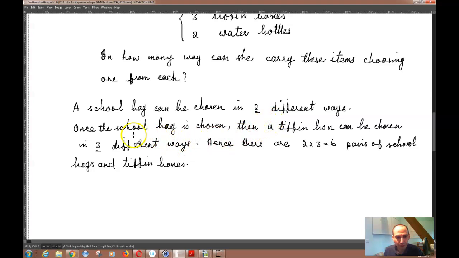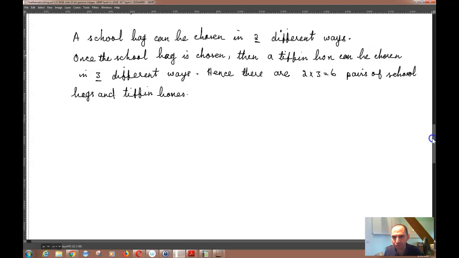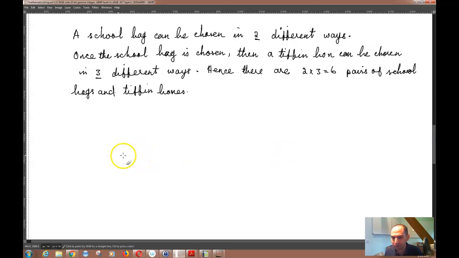Now, here we said that a school bag can be chosen in two different ways. And once the school bag is chosen, then a tiffin box can be chosen in three different ways. So you have one school bag here, for example B1, and another school bag here, B2.